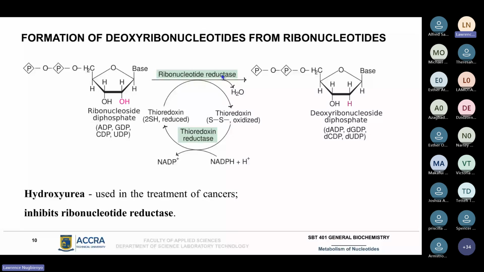In other words, that drug, hydroxyurea, is preventing the formation of deoxyribonucleotides so that the cancer cells, once they have the synthesis of DNA in them impeded, impaired, will not be transferring the information from the cancer cells to other cancer cells, so that you curtail the reproduction of the cancer cells.